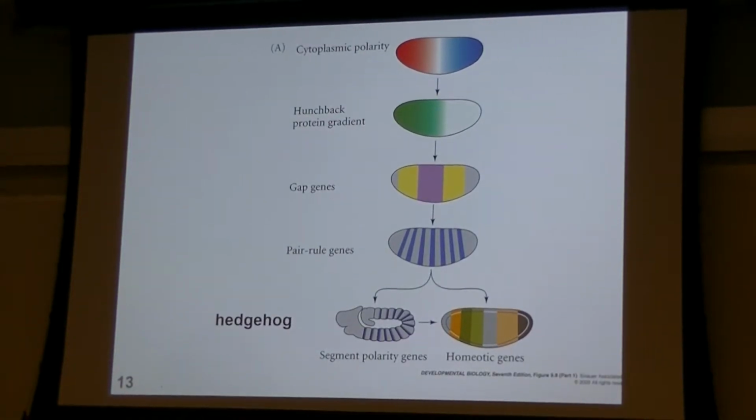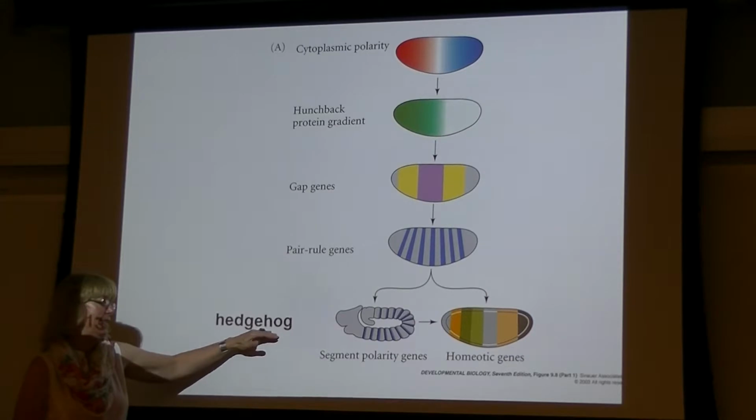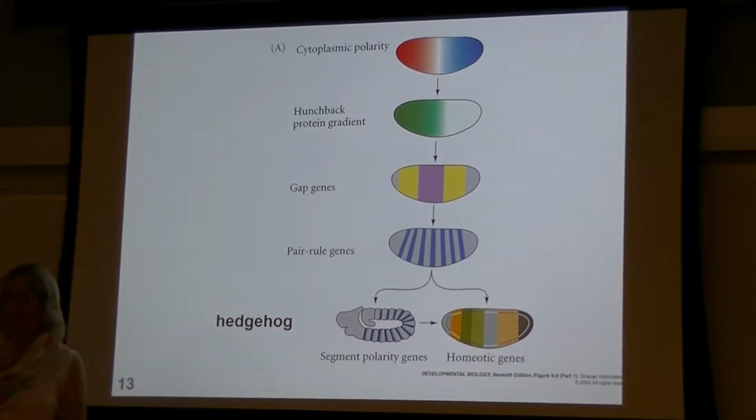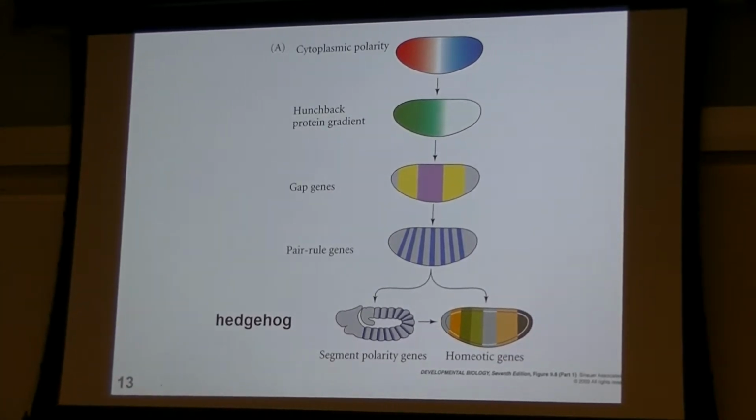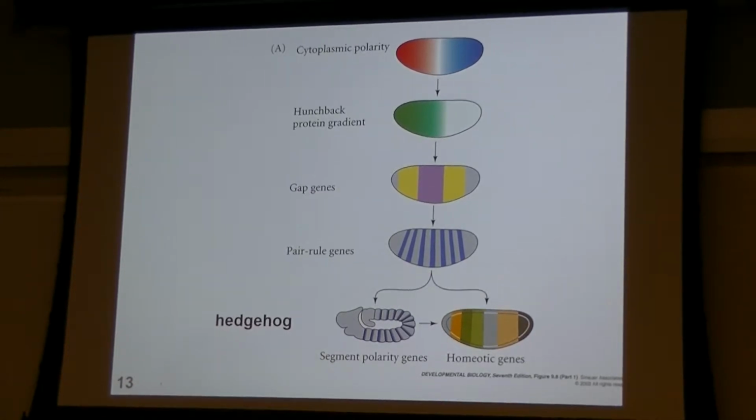And one of the genes that was originally found in Drosophila, a segment polarity gene, is named hedgehog. If you mutate it, in some of the weaker mutations it actually has a bristle phenotype. You get adult flies that have bristles that are really short and stubby.